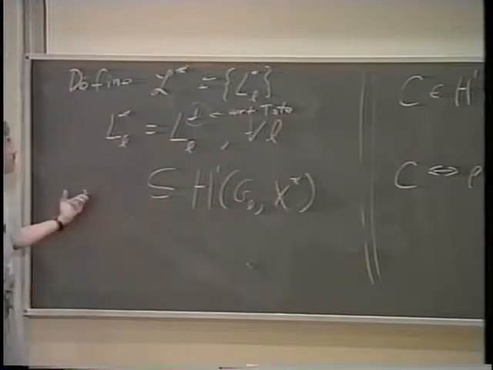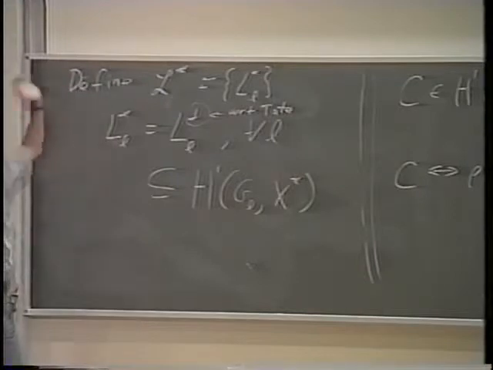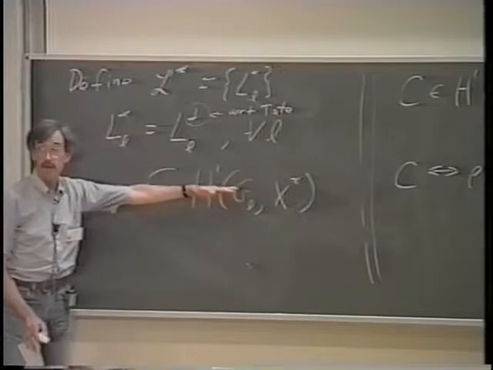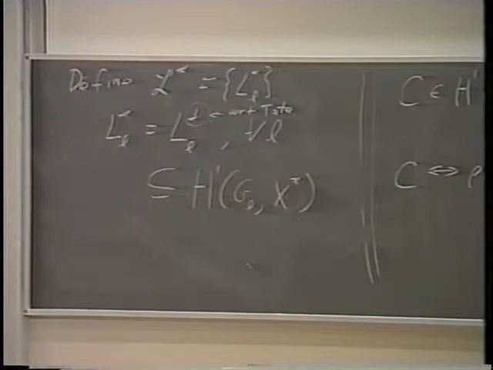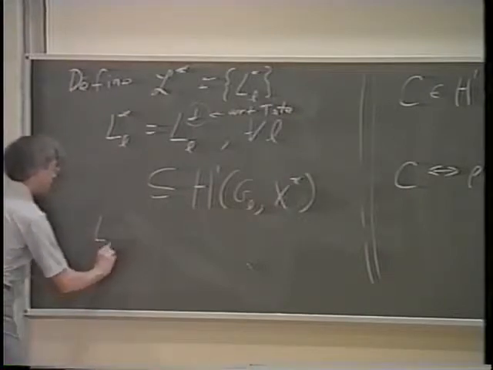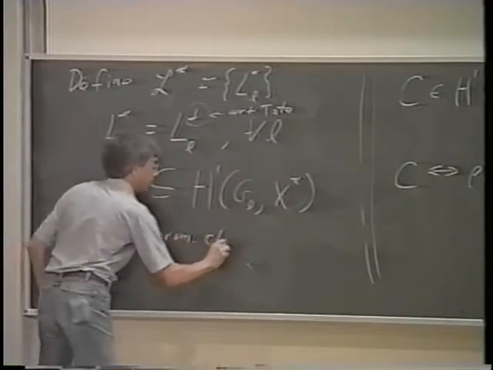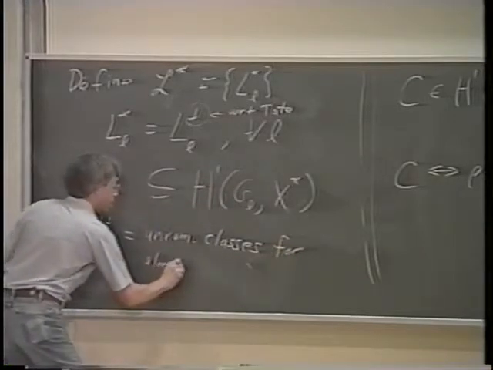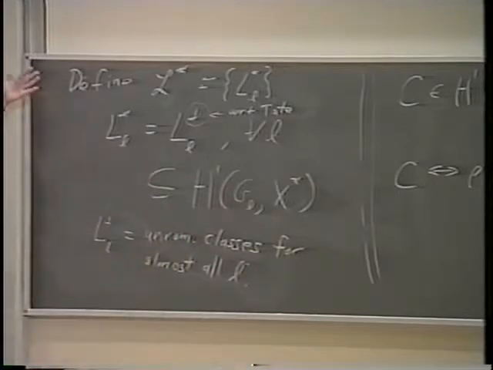Now recall that the unramified classes, as long as you stay away from, I guess I didn't put that in when I wrote it there, the unramified classes are perpendicular to the unramified classes as long as you stay away from primes dividing the order of X. So we actually have L sub L perp is the unramified classes for almost all L. So again, this is just like the original script L, just sort of dual to it.